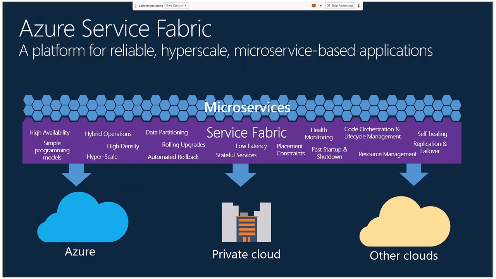And it's a distributed platform that they currently have in Azure. It can also be downloaded as a full Service Fabric package and run on a private cloud, or uploaded as a VM runtime to other cloud options as well.